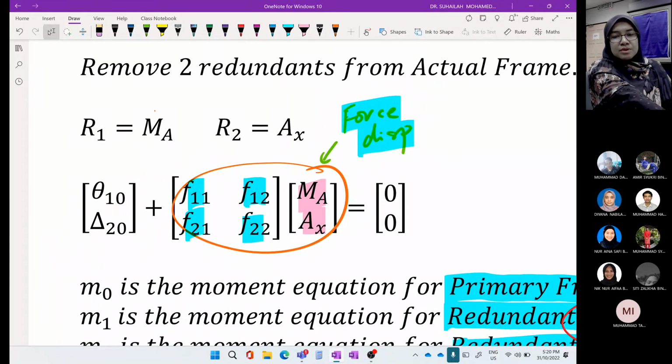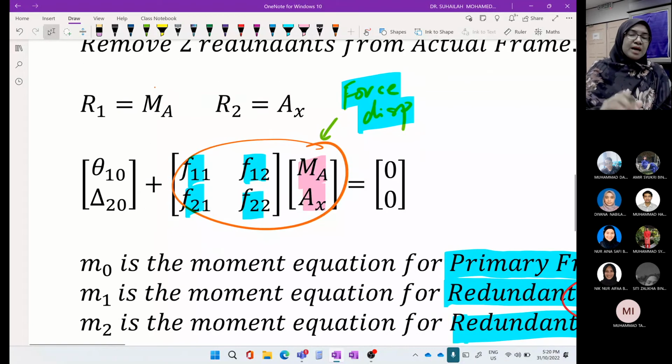Because our aim is to calculate the redundant. So F cannot stand alone. It cannot be F11, F12, F21, F22 only. It must pair back with the redundant. There is no unit on F but there is on the redundant. When combined, then there is unit.